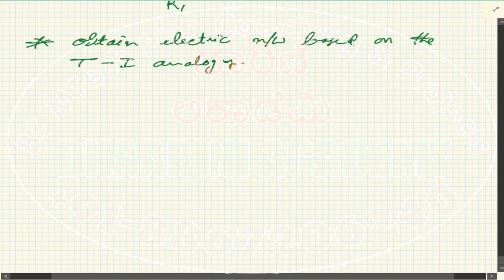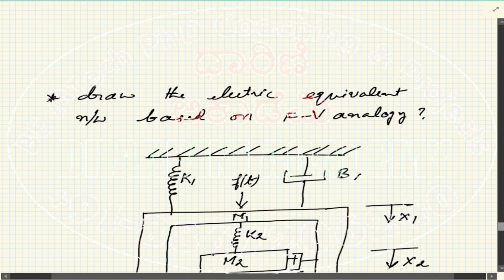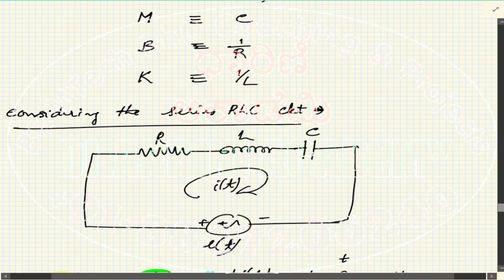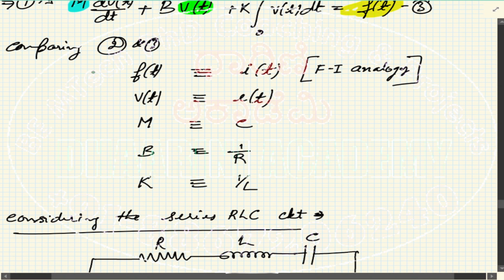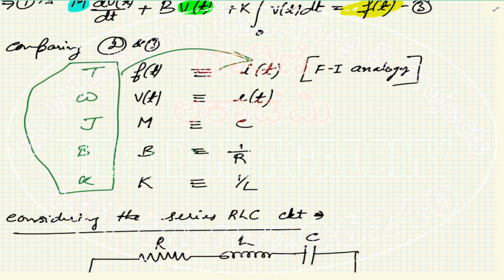Correct. So replace every force term by the equivalent torque term. Keep the right hand side the same, right? In this particular table, this is force current. Replace the force with torque, right? So we know that velocity becomes equal to omega, angular velocity, correct? Mass is equivalent to the inertia. B remains B, K remains K. If you relate this with the right hand side, that becomes the torque current.